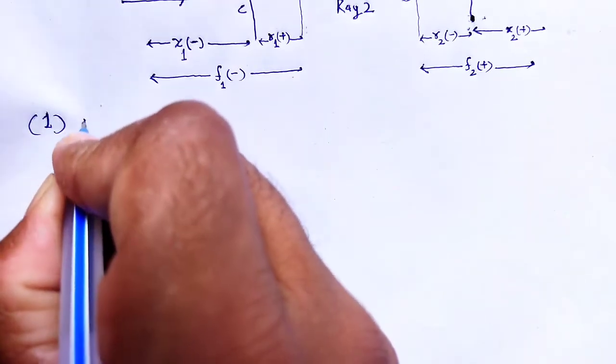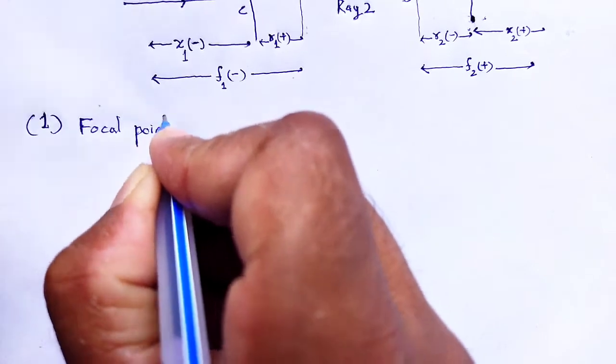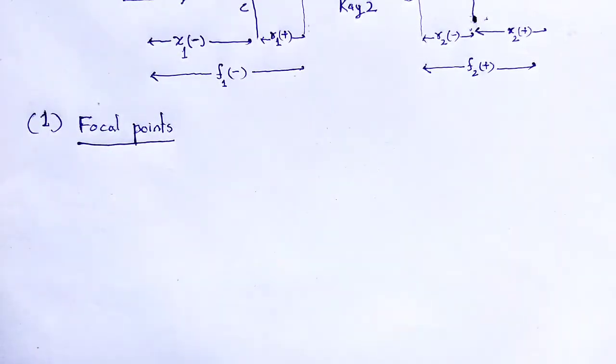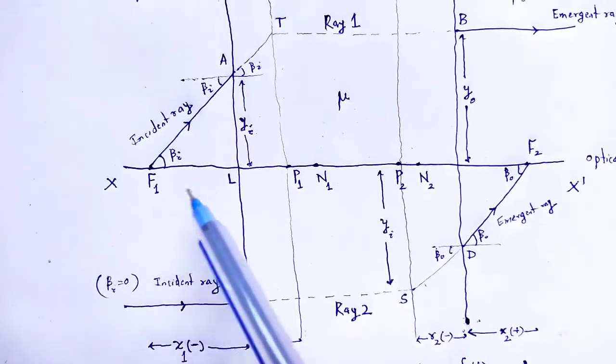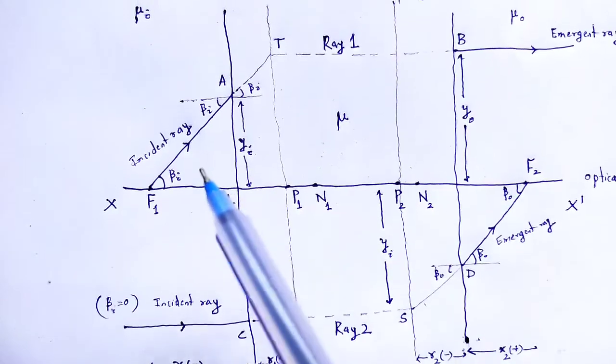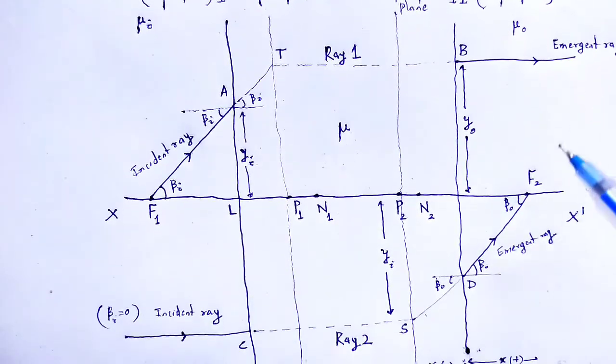To calculate the focal points, here F1 and F2 are the two foci: F1 is the first focal point and F2 is the second focal point.